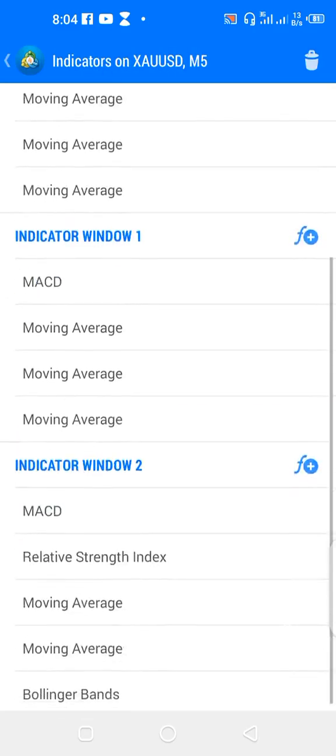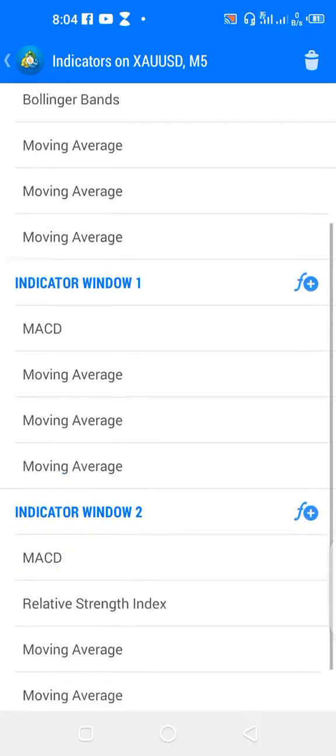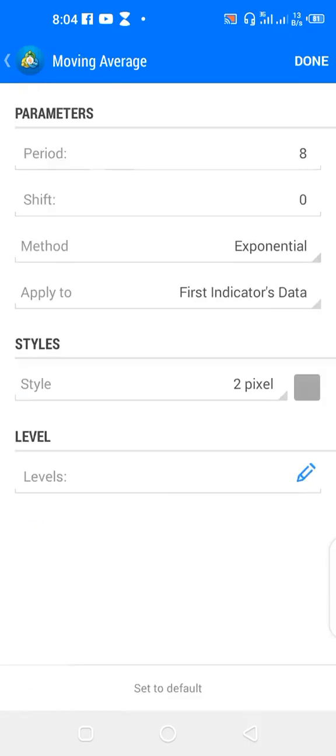Color is red. We have another moving average. Period is 21. Shift is 0. Method is exponential. Apply to first indicator's data. Color is purple. Okay, we have another moving average. Period is 8. Shift is 0. Method is exponential. Apply to first indicator's data.